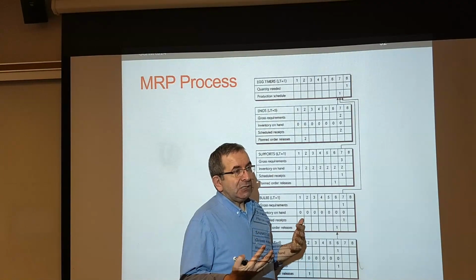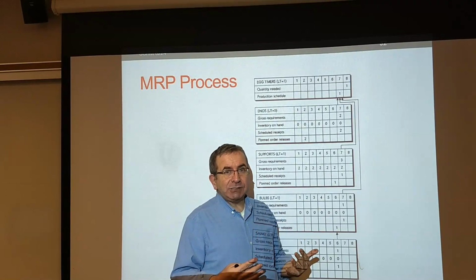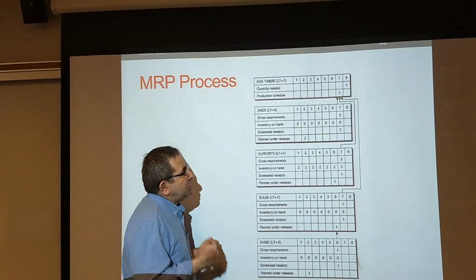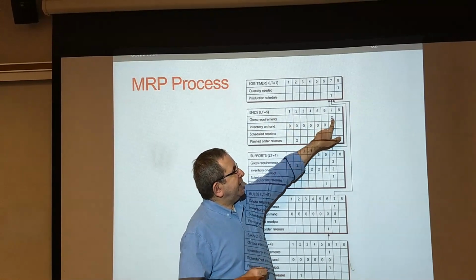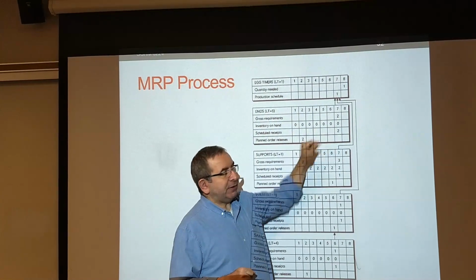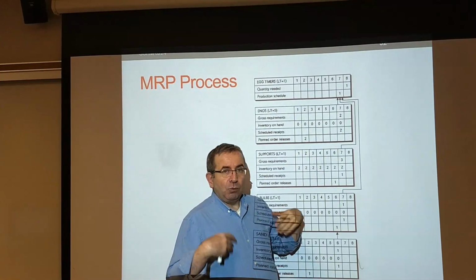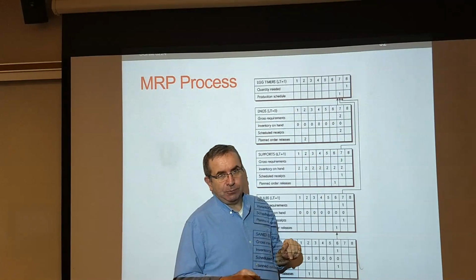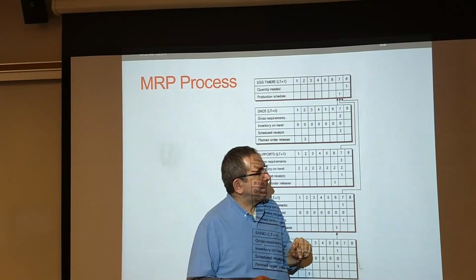So what that means is that you need to purchase this from your suppliers, okay? And you need to have 2 ends delivered in period 7. When 2 ends are delivered in period 7, you can start production, okay?